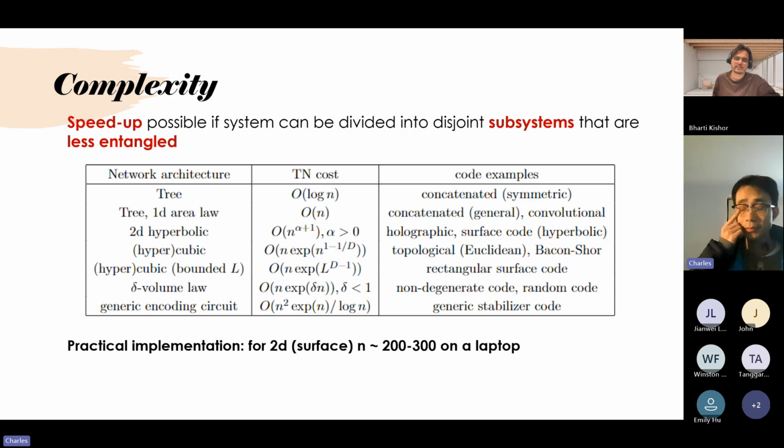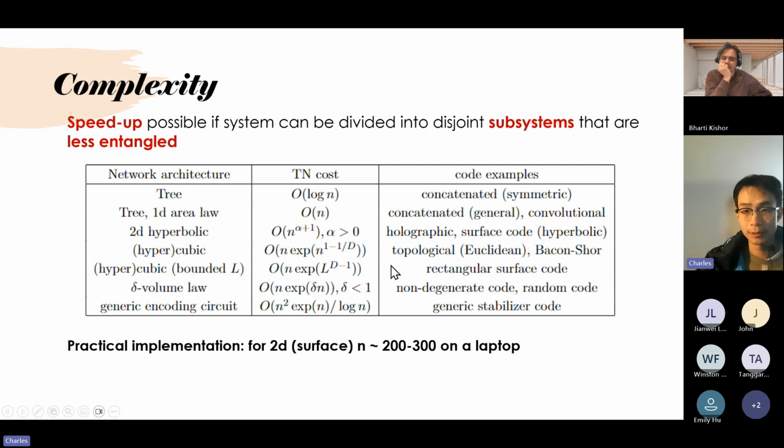Show you a table. So if you have a tree architecture in your code, let's say a concatenated code that's highly symmetric, it's going to give you, say, log n or linear in the number of qubits. On the other hand, if you have a holographic code, a hyperbolic surface code with this kind of 2D hyperbolic geometry, then it's going to scale polynomially with the number of qubits, where alpha depends on the hyperbolic tiling that you're using.